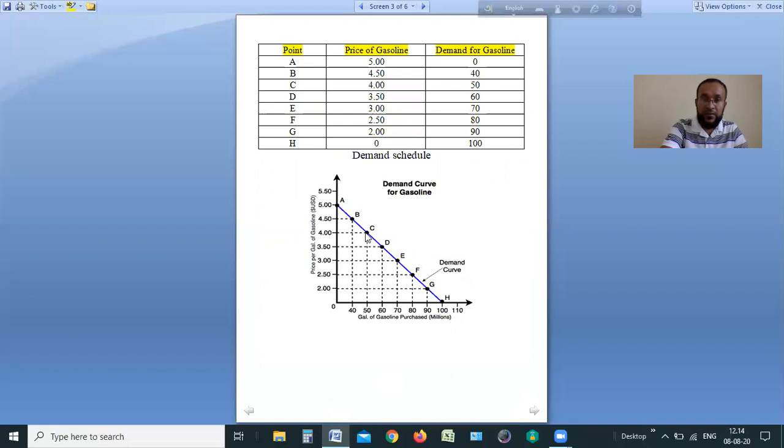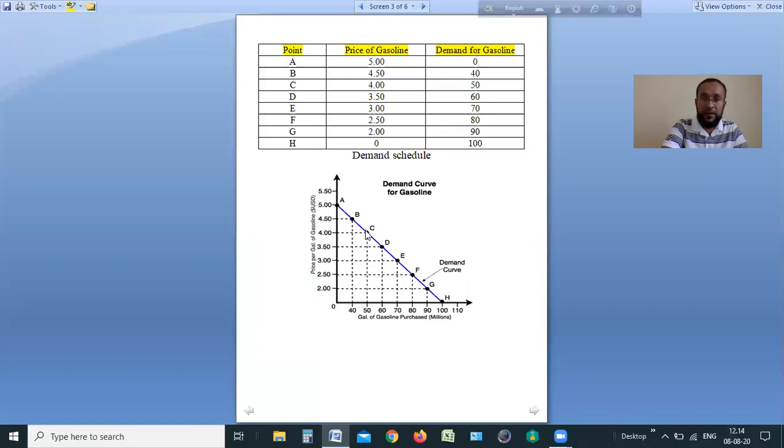Now, if the price of gasoline increases from $4 to $4.5, our quantity demanded falls from 50 to 40. So we are moving from point C to B. This is a leftward move. This is called the movement along the demand curve. On the same demand curve we are moving.